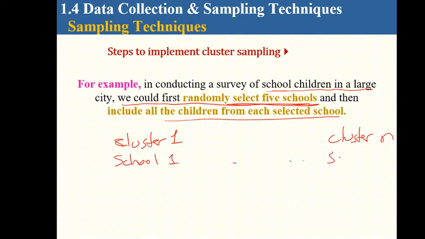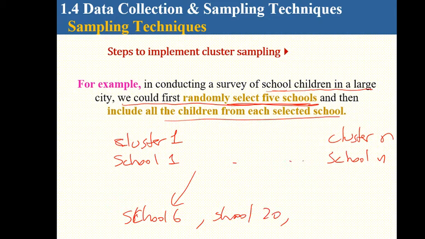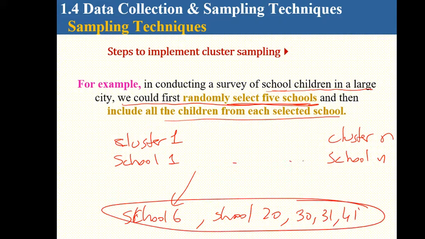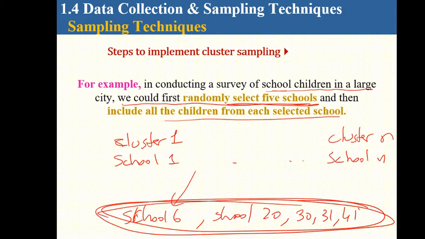School 1, and it goes to school N. Then you choose, let's say, 5 schools: school 6, school 20, 30, 31, and 41. So these are the schools. You're not taking one student from each. You are putting all the population in the schools all together. This makes a sample.